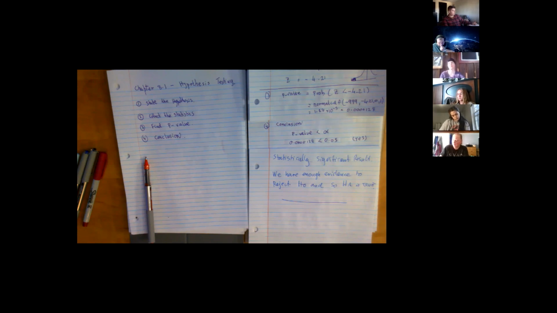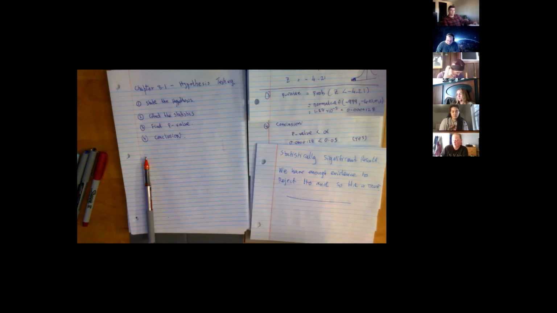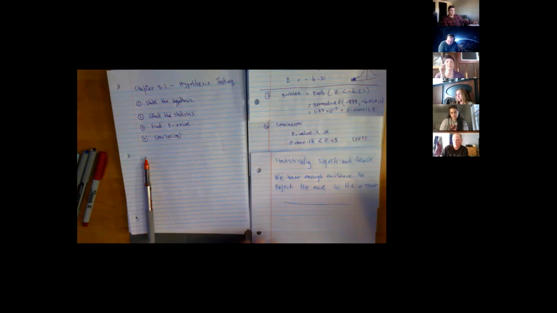Because this p-value is so tiny, we are really happy that this evidence is very strong. Such a tiny number is probably never going to happen by sheer chance. So we could say there's a statistically very significant result, but you don't need to. You just say significant and that's good.